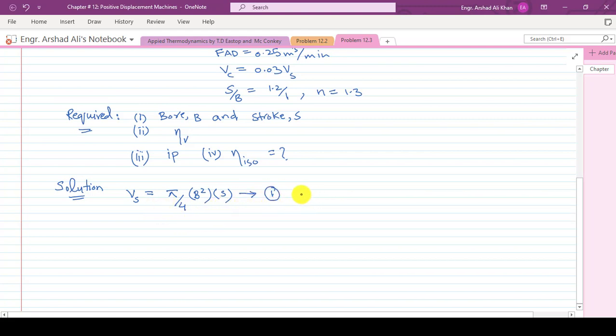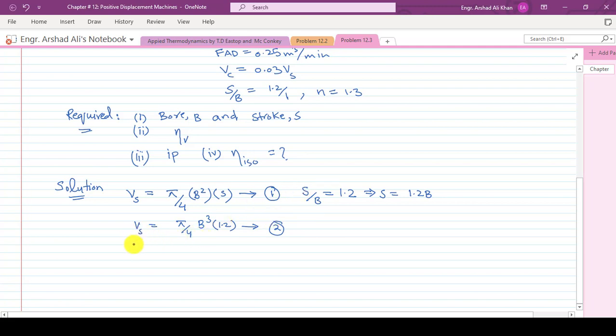Also we have the stroke to bore ratio, 1.2 by 1, so S will be equal to 1.2 B. Putting this in expression 1, Vs will become pi by 4 B cube into 1.2. This is expression number 2.